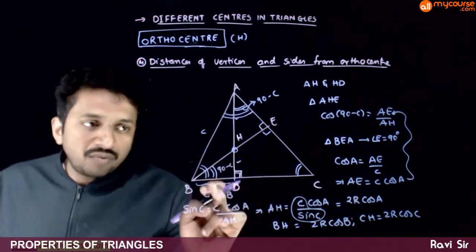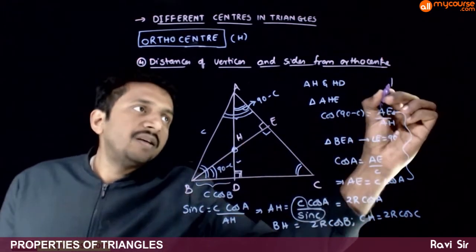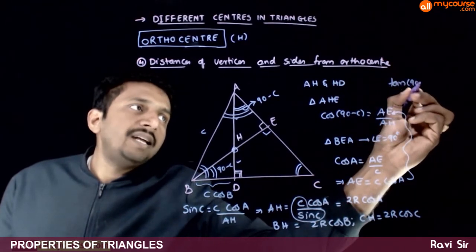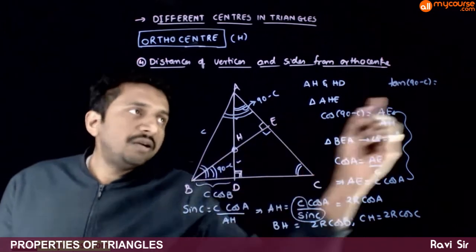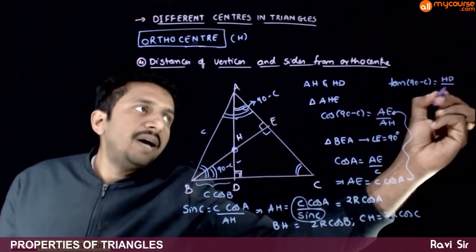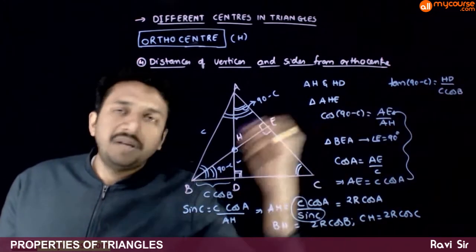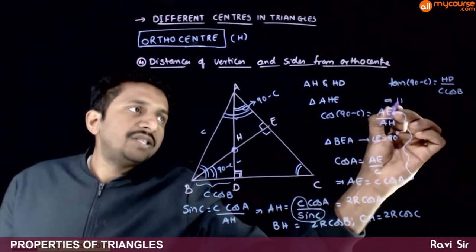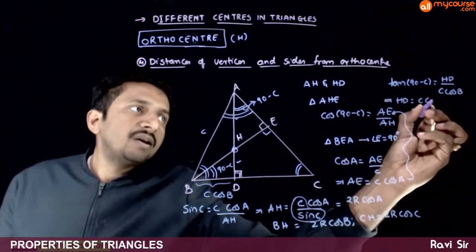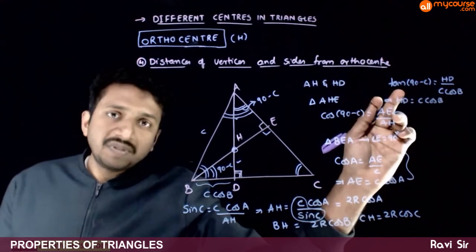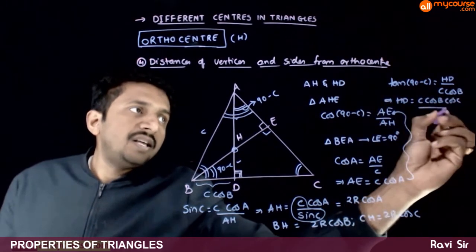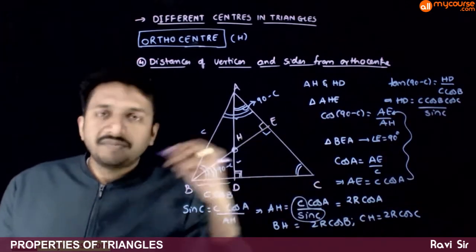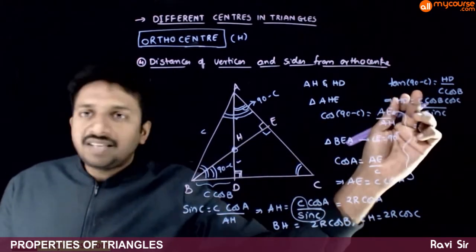So now which ratio will I use? Tan of 90 minus C is equal to HD by C cos B. This implies HD is equal to C cos B times tan of 90 minus C, which is cot C, that is cos C by sin C. And what is C by sin C?